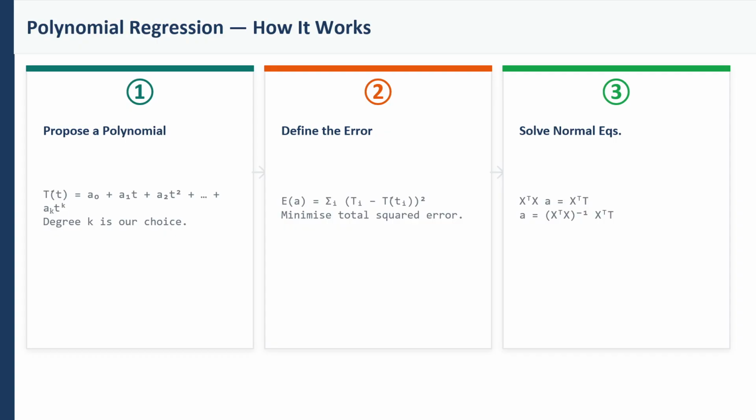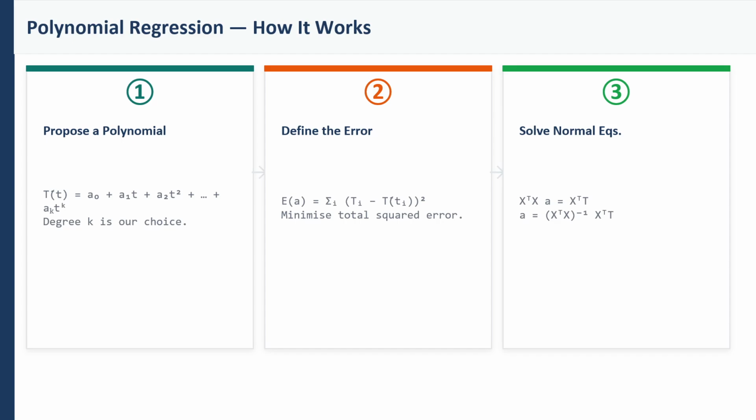First, we'll propose a polynomial of degree k, where k is our choice, and we'll model the polynomial for k equals 1 to 20, and then we'll find the best fit for our purpose. Second is the definition of the error function. In our case, we would be using the mean squared error. And third is solving the normal equations, or minimizing the error.